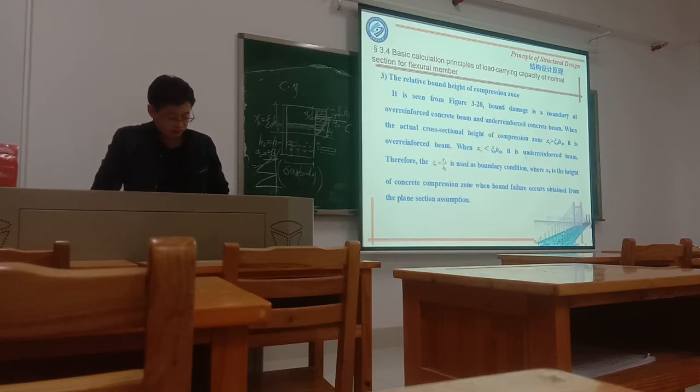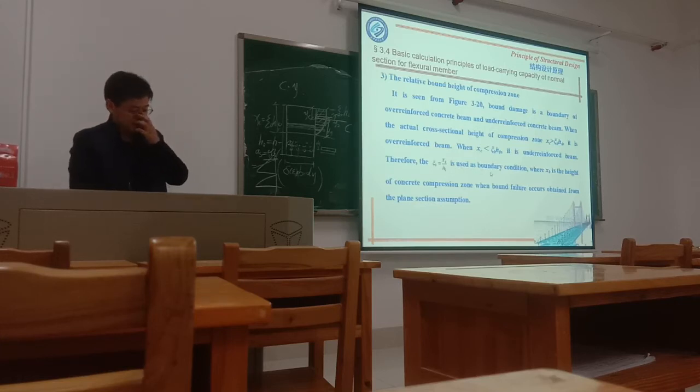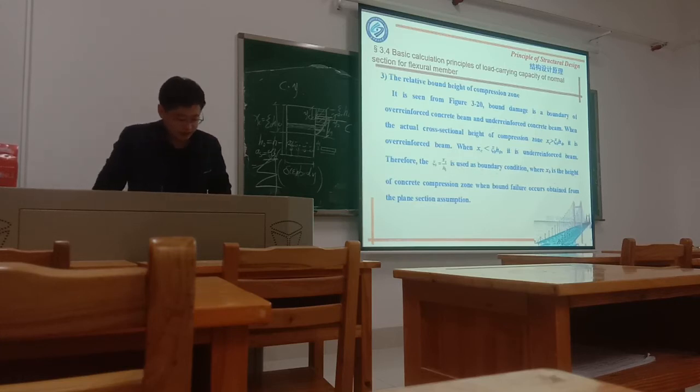Therefore, this ξB, equal to XB divided by H0, is used as the boundary condition, where XB is the height of the concrete compression zone when boundary failure occurs, derived from the plane section assumption.